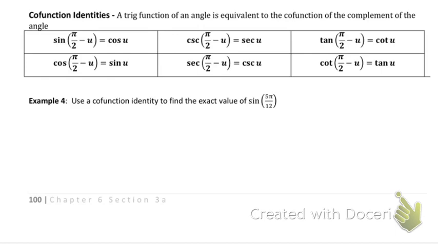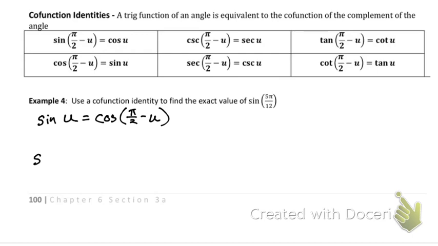So our example here is use a cofunction identity to find the exact value of sine of 5 pi over 12. Well, we're going to use the cofunction identity where sine of an angle, u, is going to equal cosine of pi over 2 minus u.